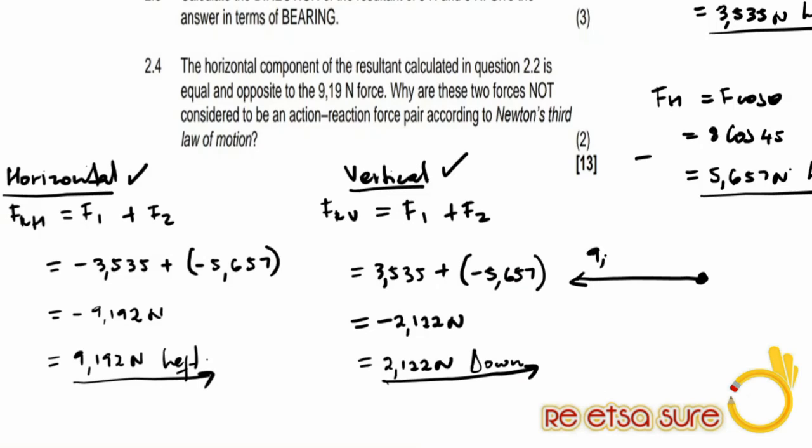So this is 9,192 Newton. Okay. The vertical one is equivalent to 2,122 Newton. Where? Downwards, this one left.